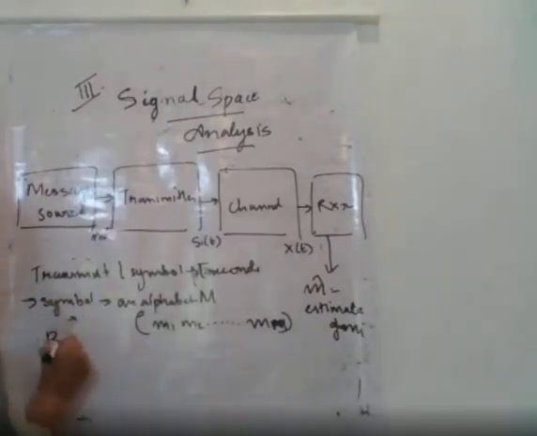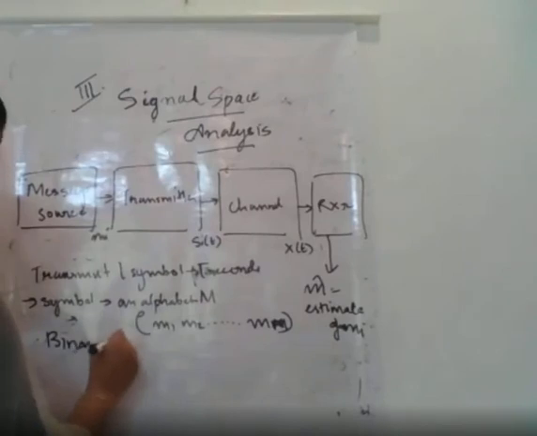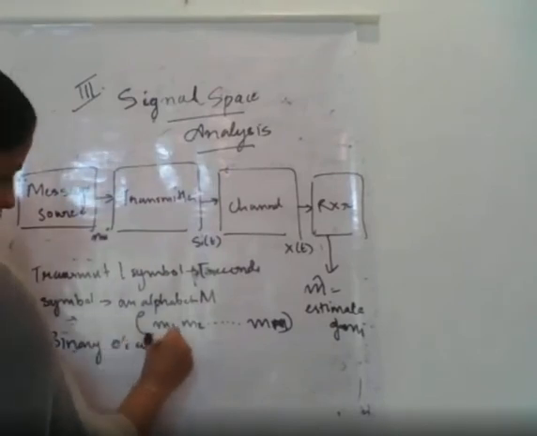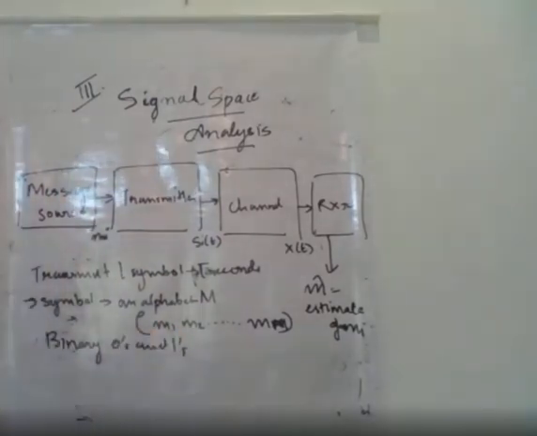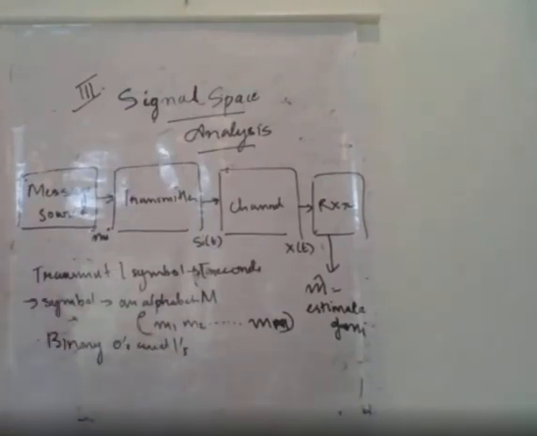Here binary symbols are zeros and ones. As we already know, binary symbols are zeros and ones. So this is about the message source.